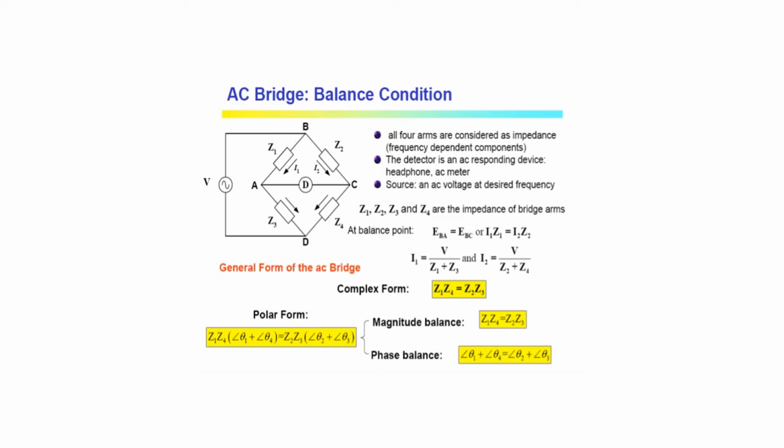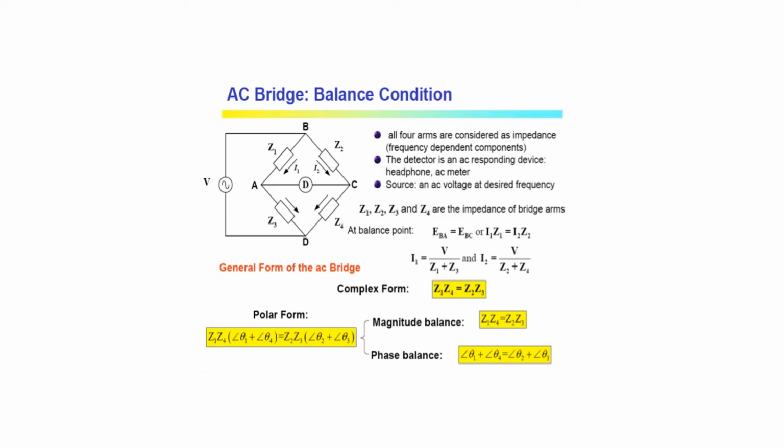So here the source is an AC voltage at the desired frequency. Z1, Z2, Z3, Z4 are the impedances of the bridge arms as shown in this figure.